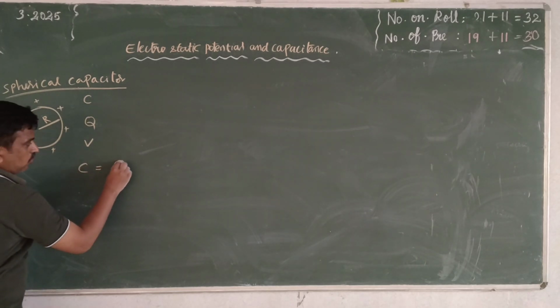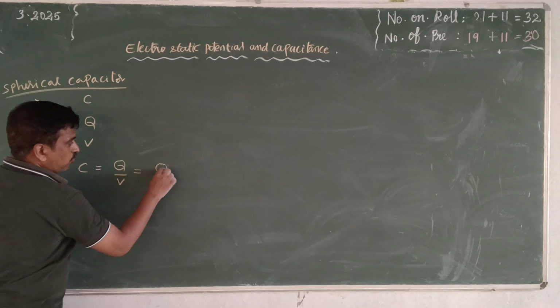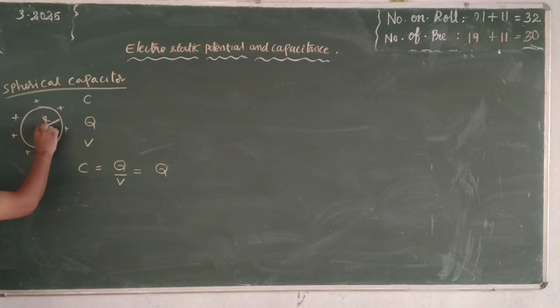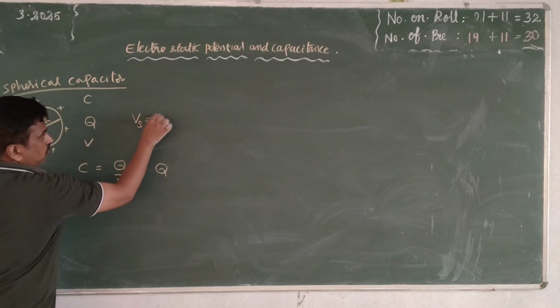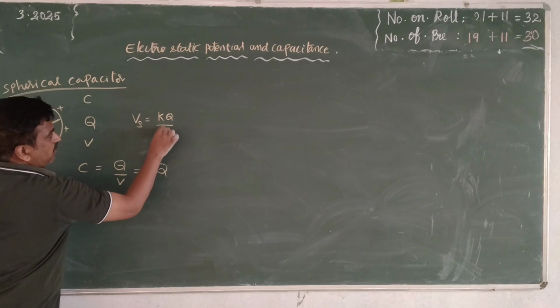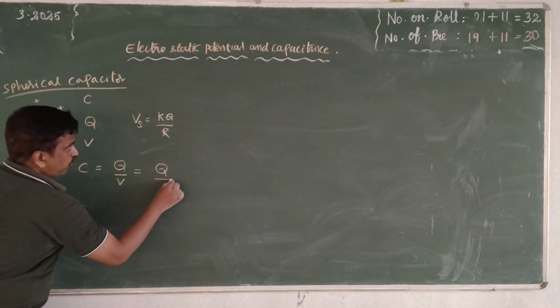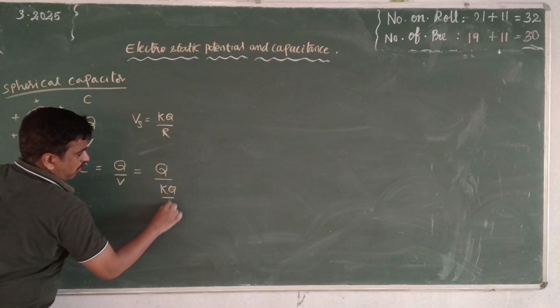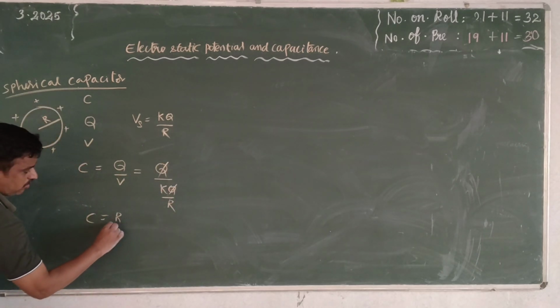Capacitance equals Q by V, or delta V. Due to the spherical conductor, what is the potential on its surface? Potential on the surface equals KQ by capital R. We can write Q divided by KQ by R, the Q cancels. What we get now is R by K.